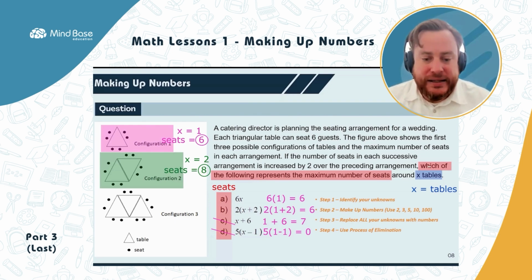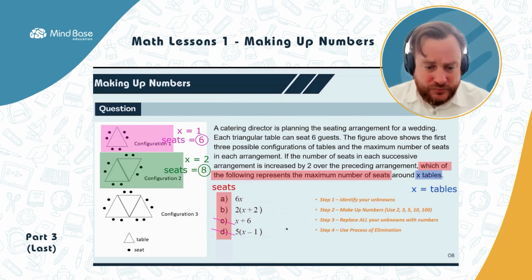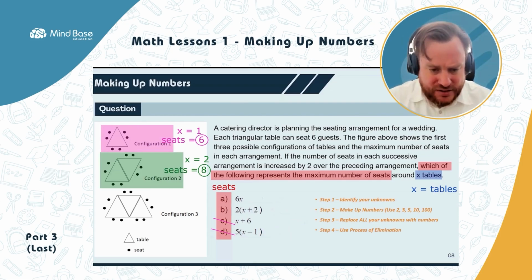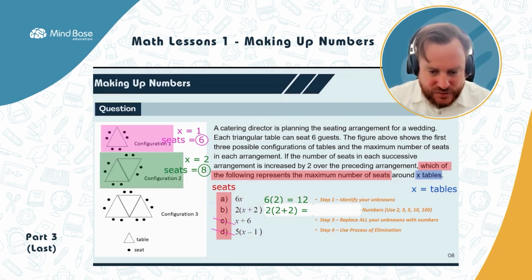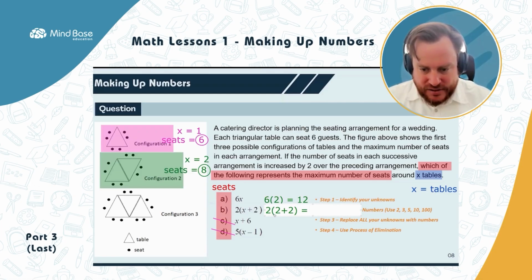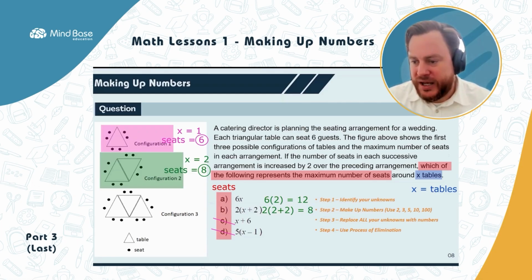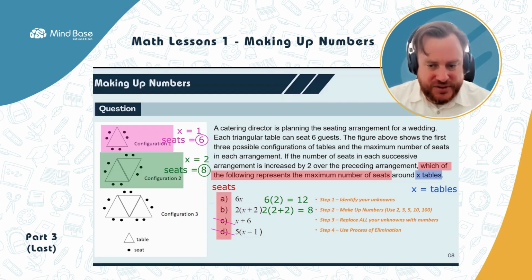So I'm just going to clean up the answer choices here. We only have to check A and B. If we plug 2 into A, we get 12. And if we plug 2 into B, we get 8. I can safely eliminate answer choice A, which leaves me with answer choice B.